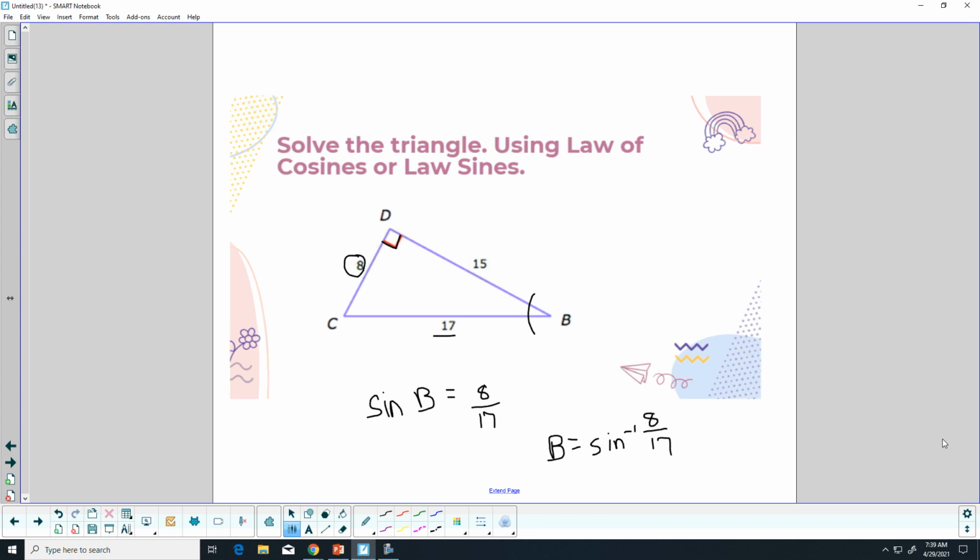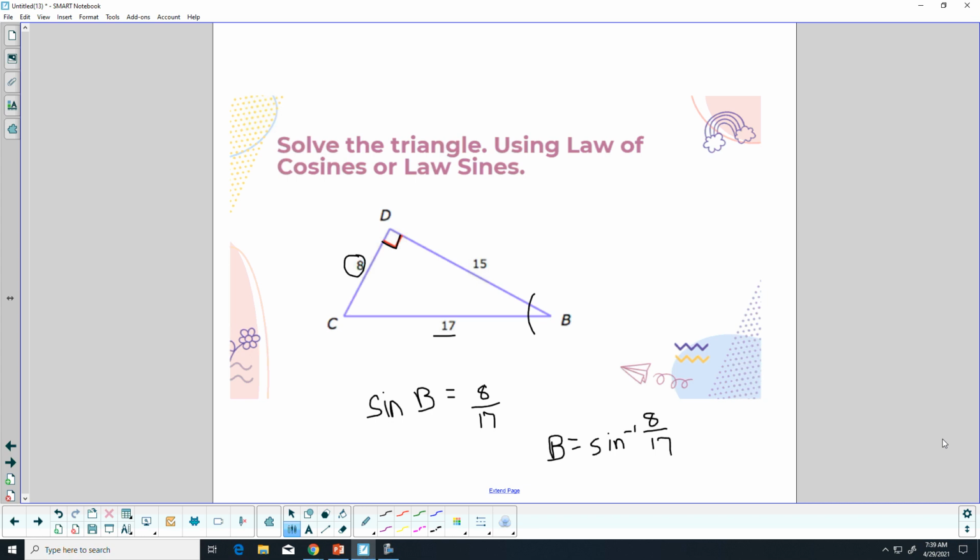So then in my calculator I hit second sine 8 over 17, and I want to make sure that I am in the correct mode. I just realized I am in radians, and if you get an answer of 0.48, you are in the wrong mode. So let's try that again.